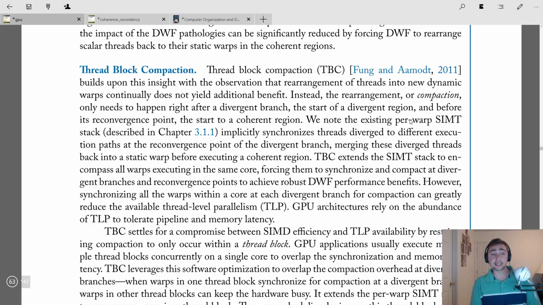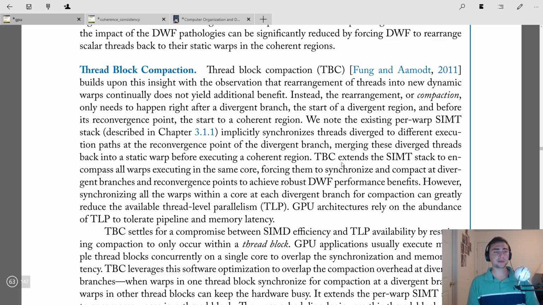So we note that the existing per warp SMT stack, the one that we've discussed in an earlier video, has this implicit synchronization of threads that diverge to different execution paths at the reconvergence point of the divergent branch, right? So merging these diverged threads back into a static warp before executing the coherent region.